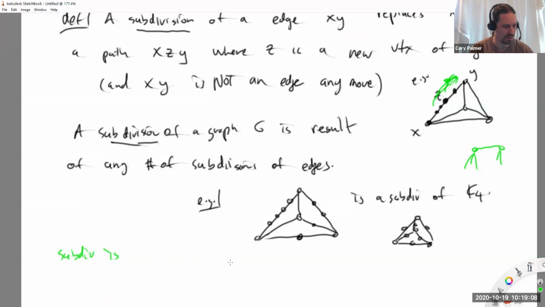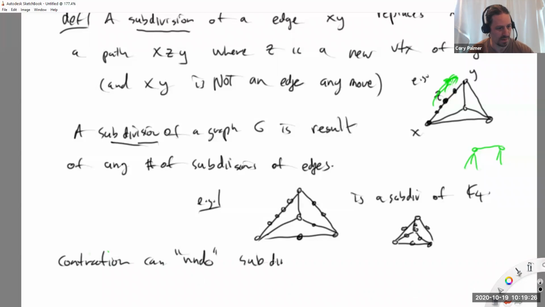Okay, so let me actually write this, although it's not terribly rigorous, that contraction can undo subdividing, but not reverse.